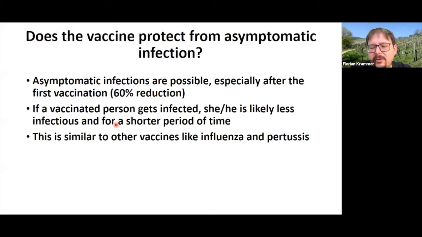So right now, the idea is that if somebody is vaccinated, that person can still get infected in some cases, but even if that person gets infected, it's less likely that the person is transmitting the virus to somebody else because there's less virus and for a shorter period of time. But it's possible. And this is actually similar to other vaccines like the flu vaccine or the pertussis vaccine, which protect you from getting sick, but don't necessarily protect you from getting infected.